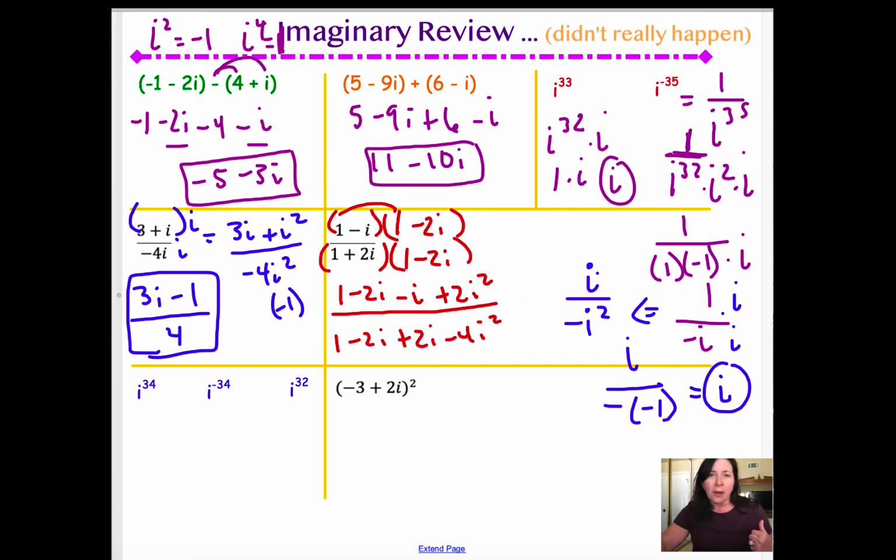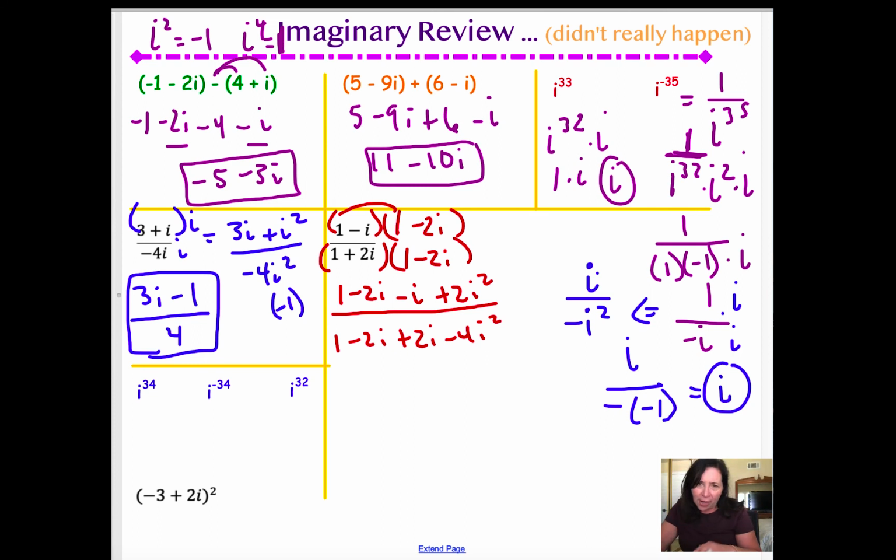And so I need to move this because I'm running out of room. And so what's going to happen here is that the i squareds are actually going to become negative 1. So that's going to be a negative 1. That's going to be a negative 1. Okay, so on the numerator, I get negative 2.